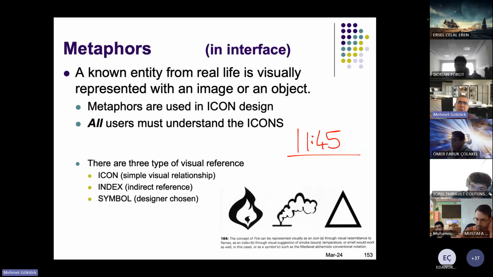Like Egyptian hieroglyphs, we have icons and indexes, but some of them turned into symbols, like rectangles, sticks, triangles. And actually, the shapes of today's letters are formed largely from the Egyptian hieroglyphs to Phoenician alphabets.